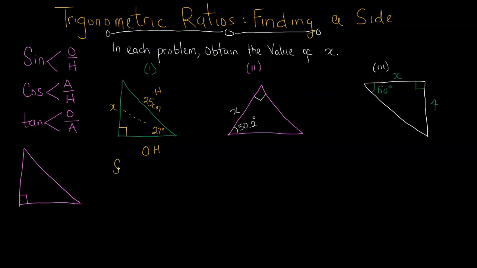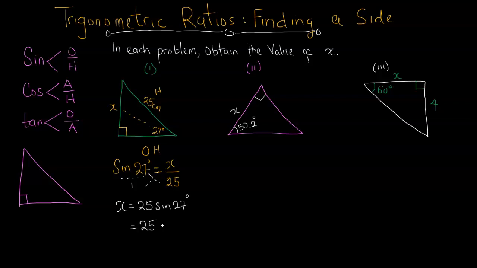Thus, the sine of 27 degrees is going to be the ratio of its opposite, that's x, and the hypotenuse, that's 25. So in order to obtain the value of x here, we are going to have to cross multiply. Of course, we know that this is sine 27 over 1. Cross multiplication is going to produce x equals 25 sine 27 degrees.